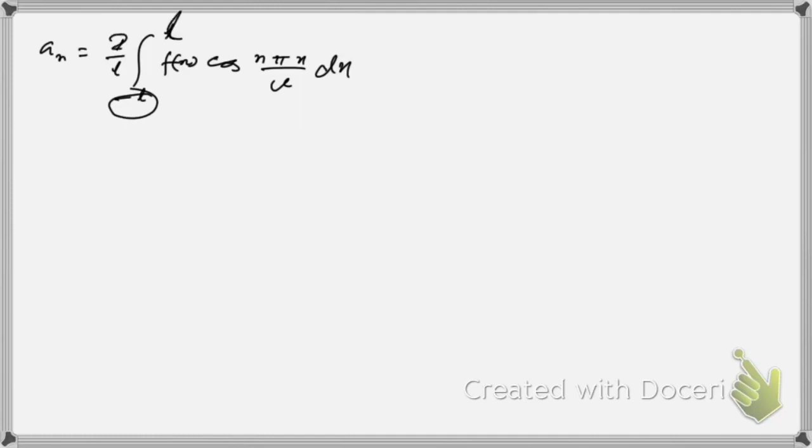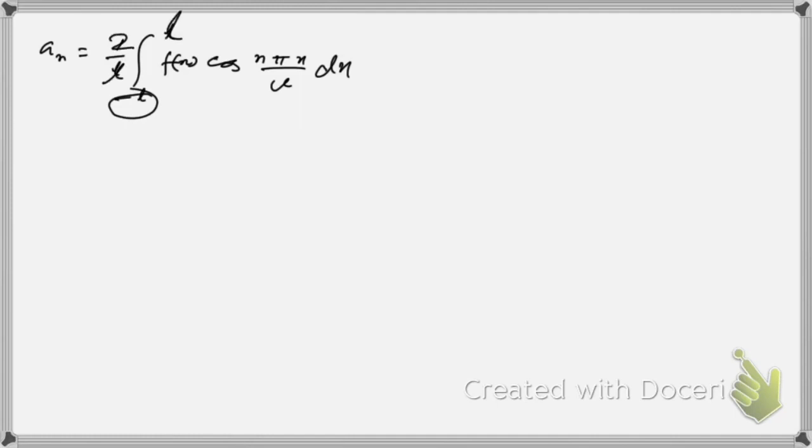So an is equal to 1 by l integration from minus l to plus l f of x cos n pi x by l dx, but it can be changed to 0 to l if you write here 2 by l.